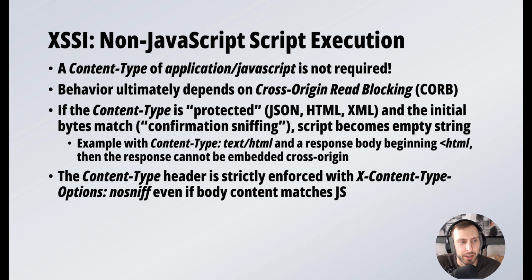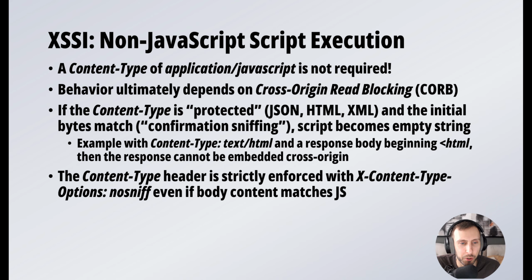If the content type is a protected type like JSON, HTML, or XML, CORB performs confirmation sniffing. It looks at the first few bytes of the body to see what the content really is. If that matches, and the content type is a protected type, it won't let you load it as a script. It will become an empty string.